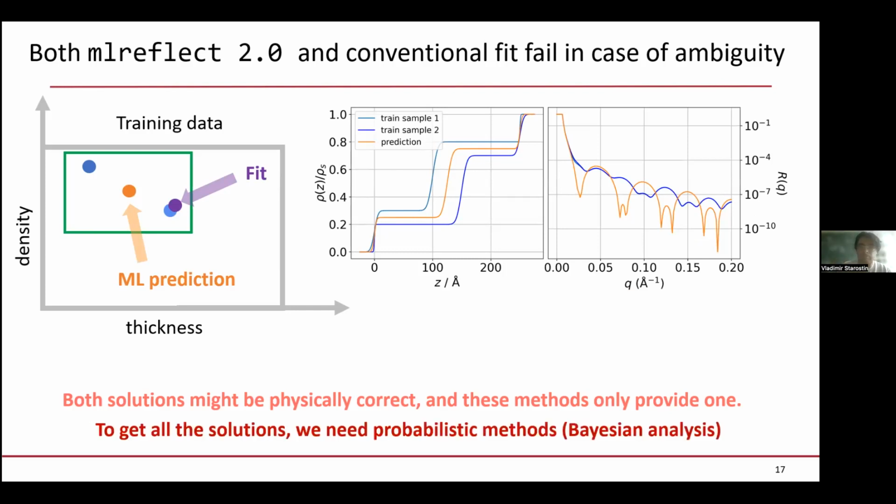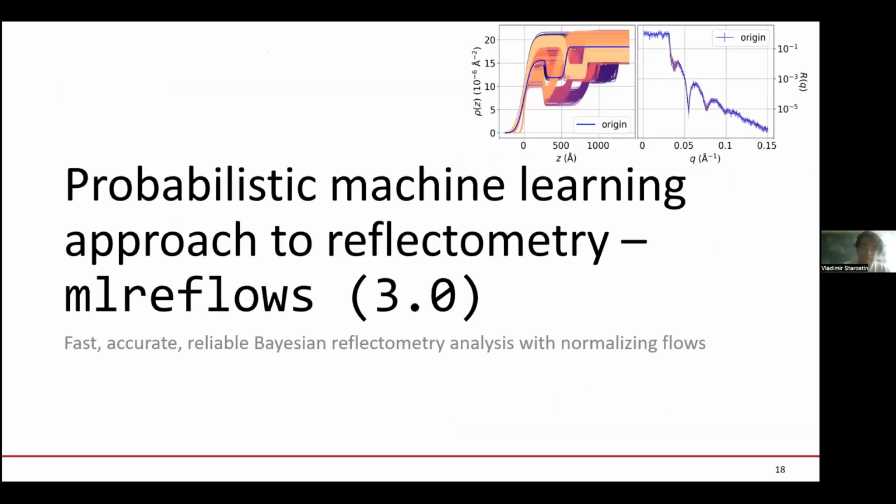So we need other methods to extract all the solutions within our prior. And the most natural way, and actually an increasingly popular way in reflectometry to address this, is Bayesian analysis. And we are coming to the third part, where I will present the machine learning approach to Bayesian analysis of reflectometry.